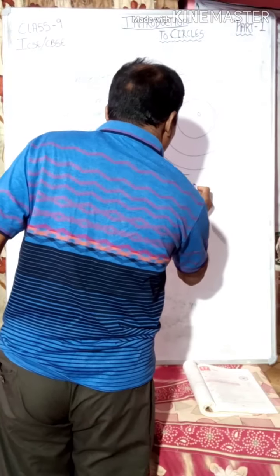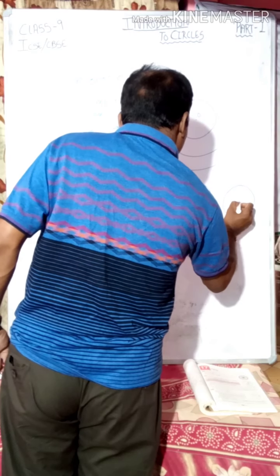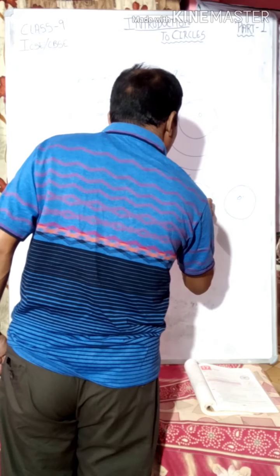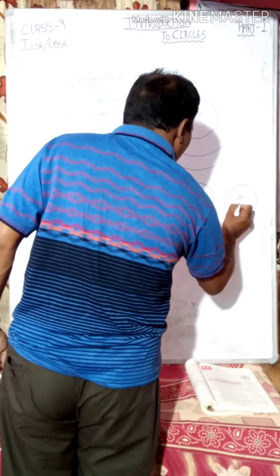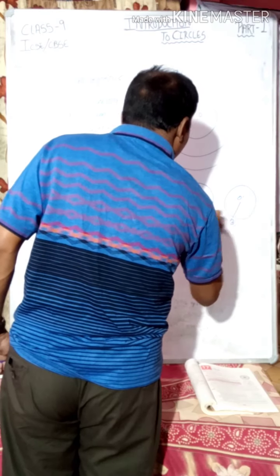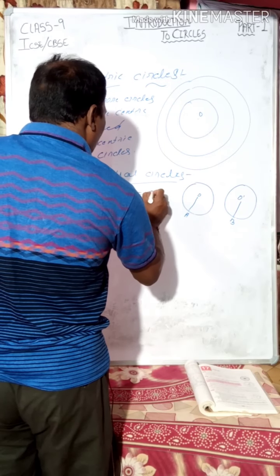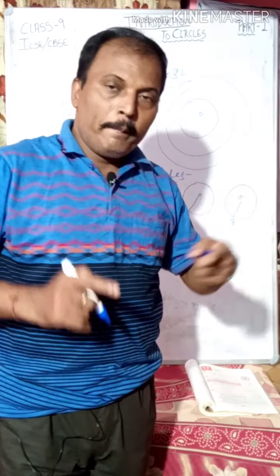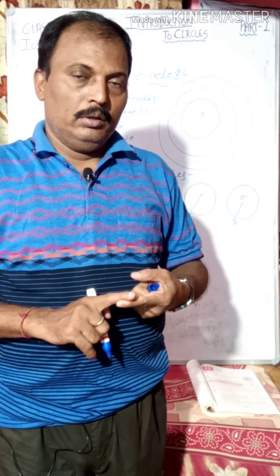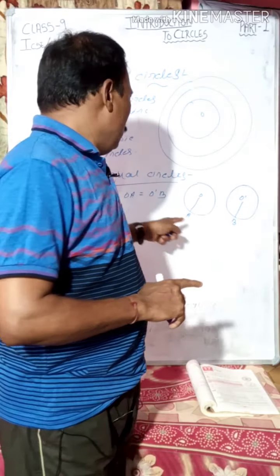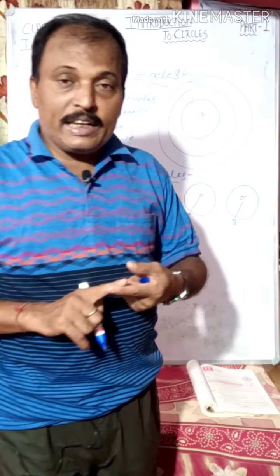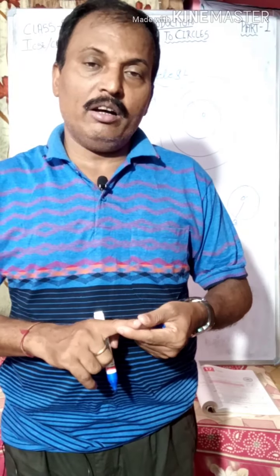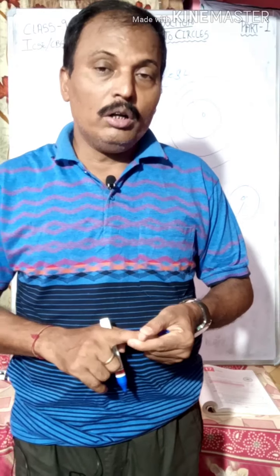Suppose this is a circle and here is another circle, here is a point O, here is a point O dash, this radius OA, here O dash B. If OA is equal to O dash B, this radius is equal to this radius, so the two circles are said to be equal.